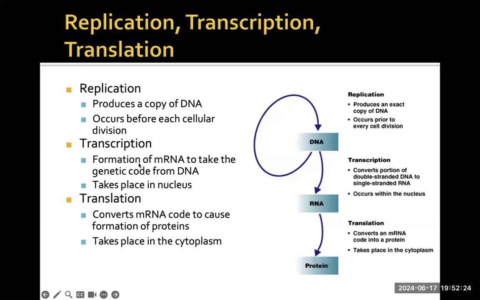Transcription is going to be the formation of mRNA to take the genetic code from DNA, and this process occurs inside of the nucleus. Lastly, you have translation, which is going to convert RNA, specifically messenger RNA, into proteins, and that process takes place in the cytoplasm of the cell.